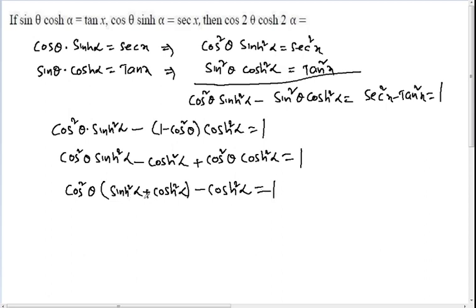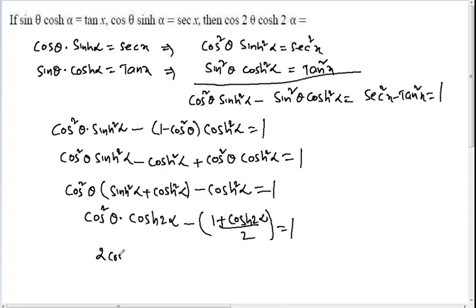We know that sinh square alpha plus cosh square alpha, that is, cos square theta into that value is cosh 2 alpha, minus cosh square alpha, that is 1 plus cosh 2 alpha by 2, is equal to 1. So to take LCM, that is 2 cos square theta into cosh 2 alpha minus 1 minus cosh 2 alpha is equal to 1 into 2, 2.